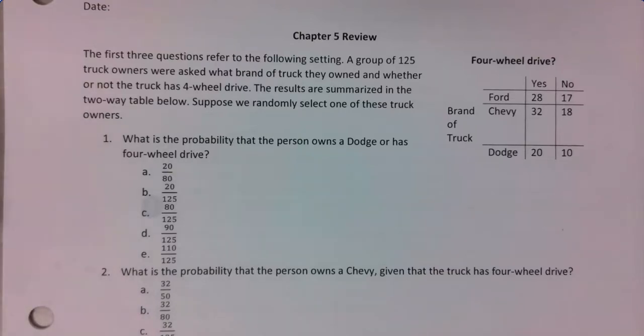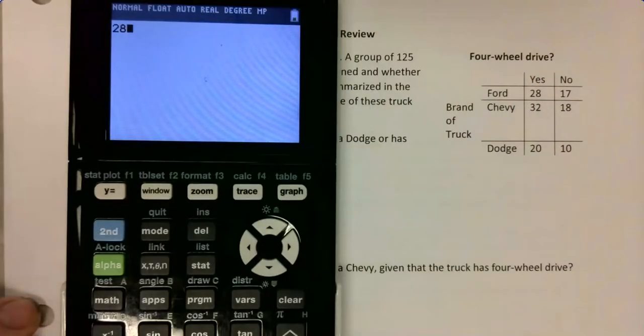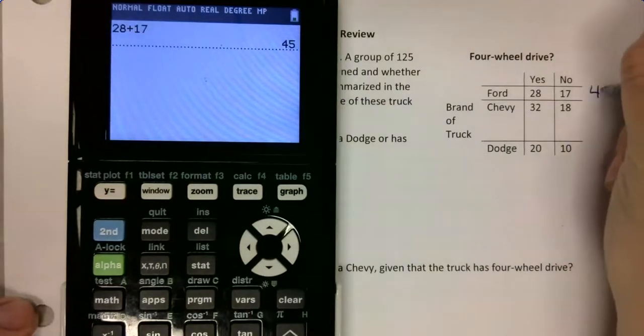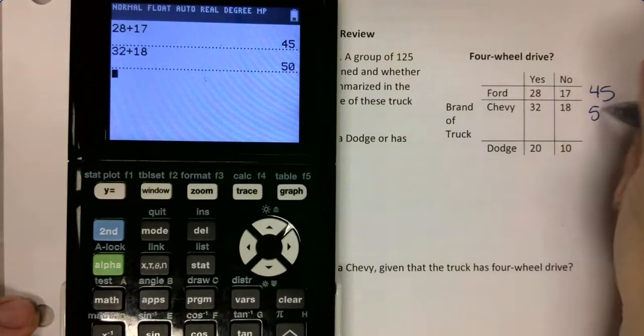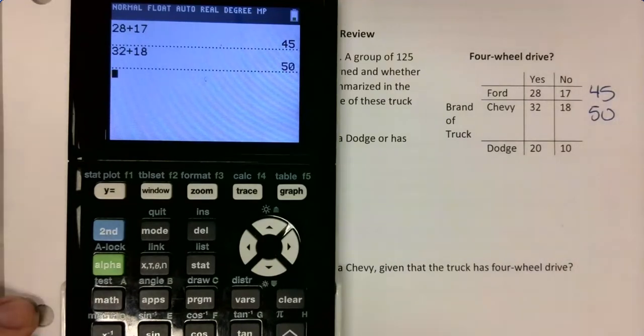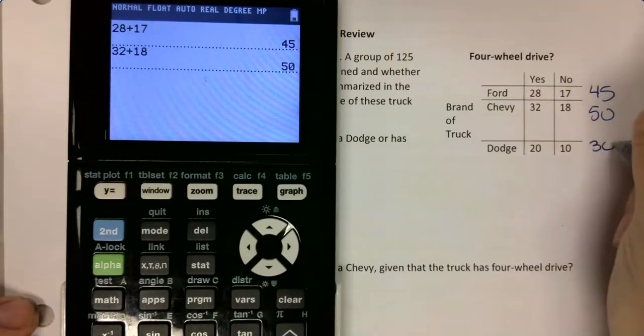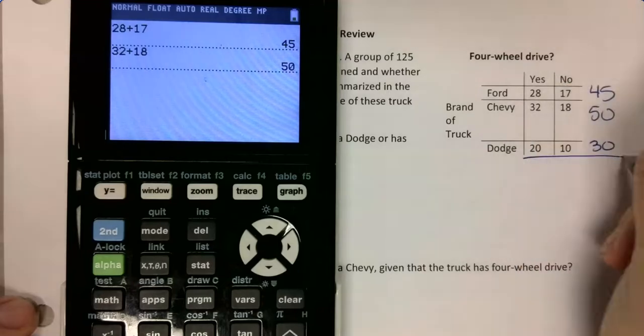So the first thing I want to do with my two-way table is add up my columns and rows. So I am going to figure out how many people own a Ford in the survey. There are 45. Then I'm going to figure out how many people own a Chevy. There are 50. And then I'm going to do the same thing for Dodge. There's 30. Then I want to total all the way down.